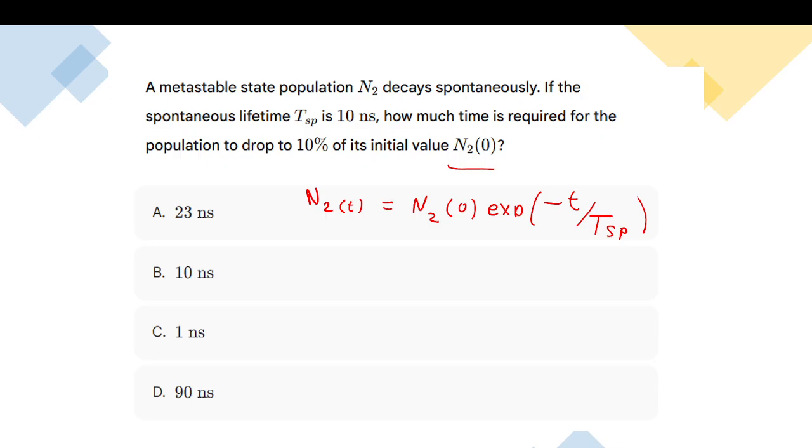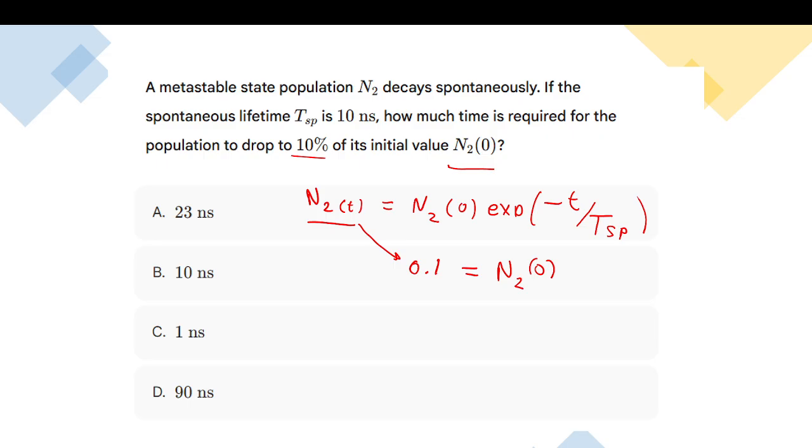Setting the value N2 over N2 naught to 0.1, it means the N2 drops to 10%, so 0.1 is equal to this value.